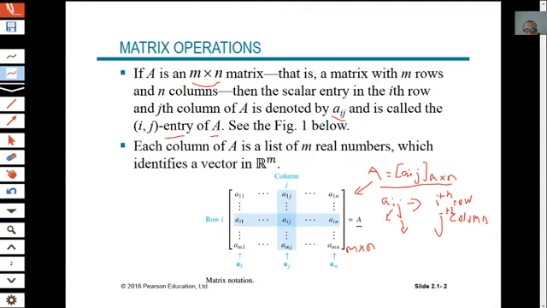And for example, for a 3 by 3 matrix, let's write A11, A12, A13. Namely, we are in the first row and first column, second column and third column. A21, A22, A23, which is the second row, and A31, A32, and A33.